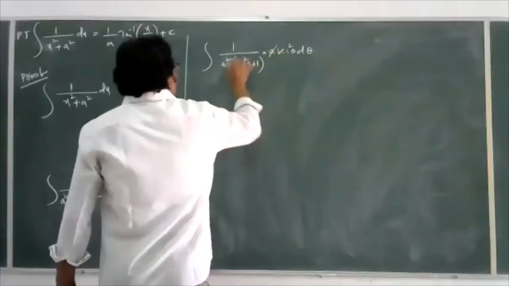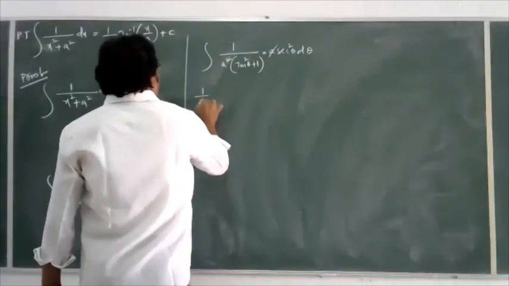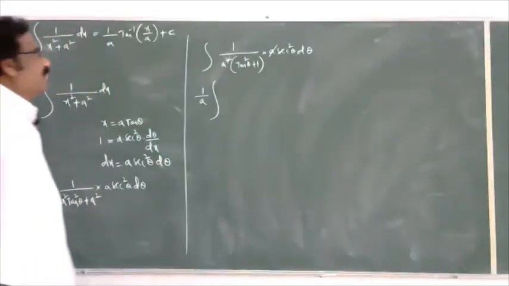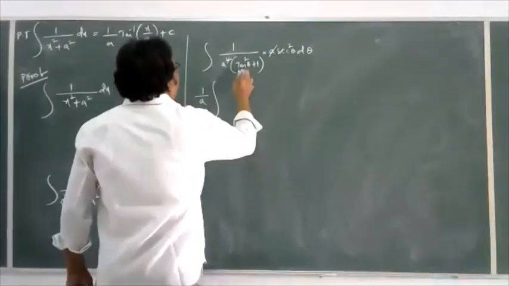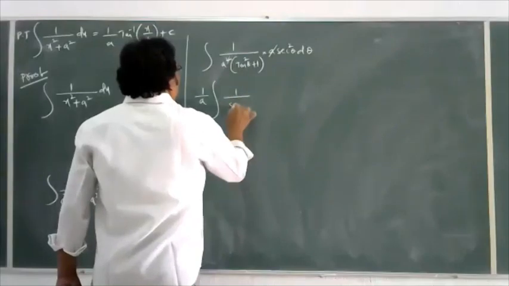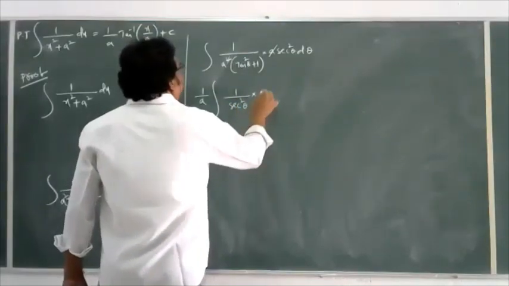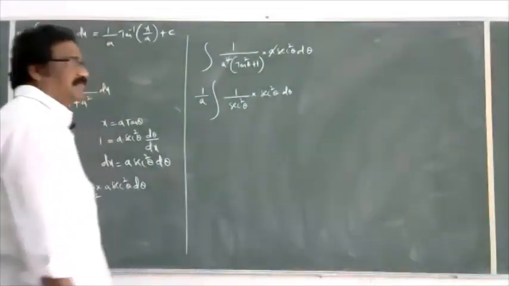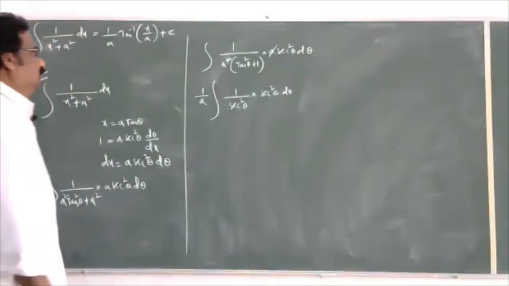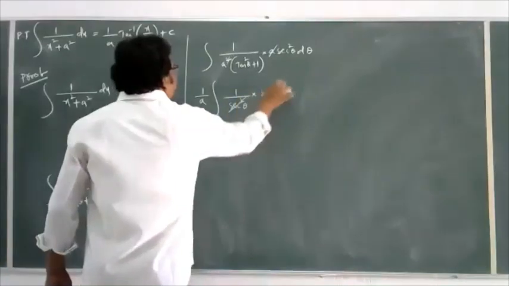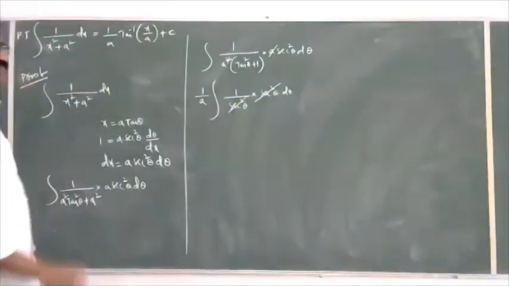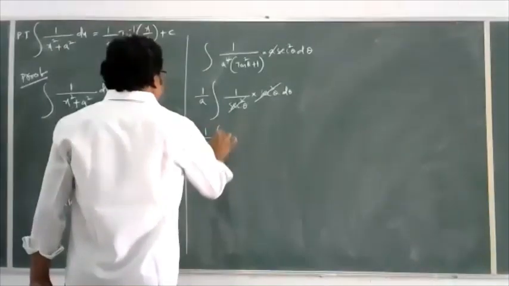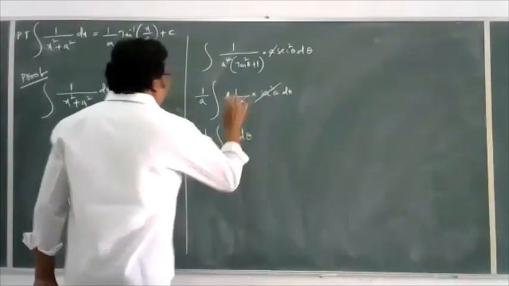Here one a cancels. That is 1 by a is a constant outside. So 1 plus tan square theta is secant square theta. 1 by secant square theta into secant square theta d theta. So secant square theta cancels. That is 1 by a into integral 1 d theta.